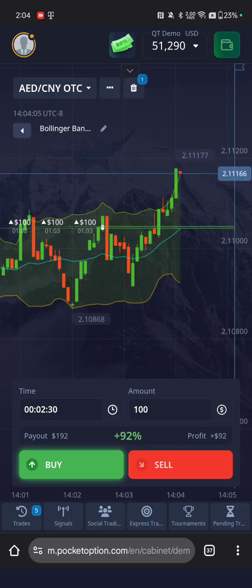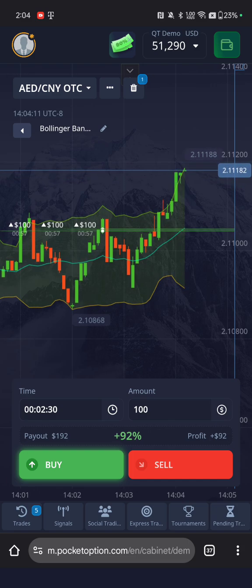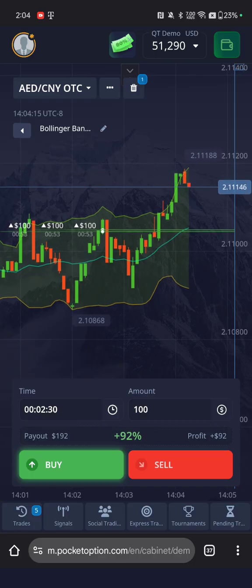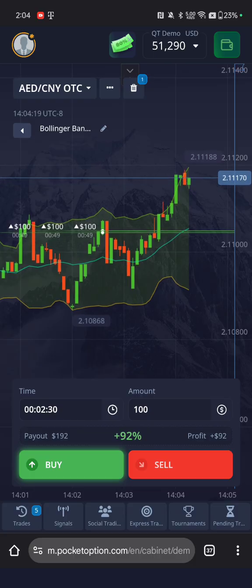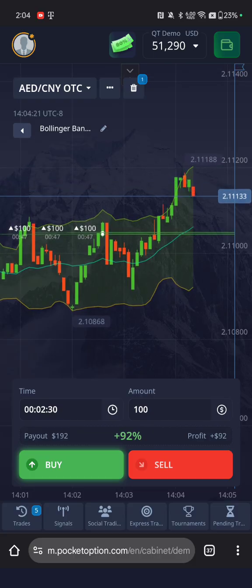But that's just what I'm trying to show you, that this middle line is really what it's all about. That middle line is giving you the average of what's been happening over the last 20 bars or 20 candles. And as we follow that line, we are able to have an understanding.